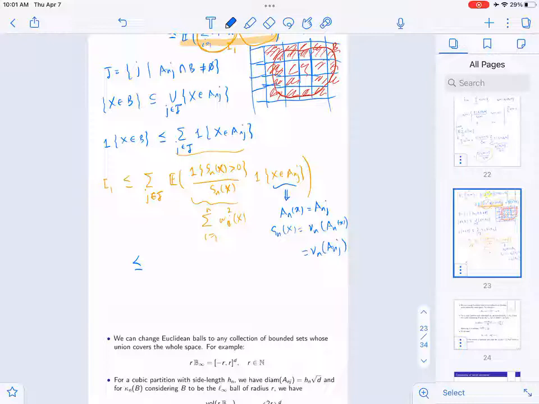The trick was to get rid of the randomness here. On this indicator set, I know which cell it is, and this is just how many points there are in that cell.